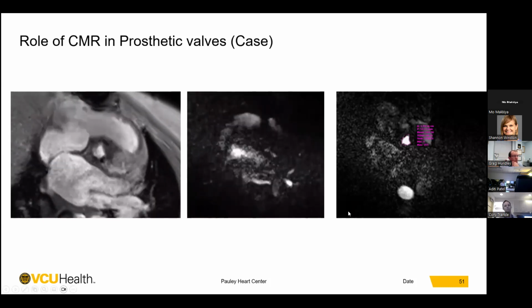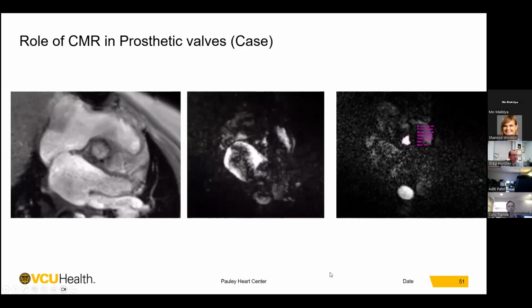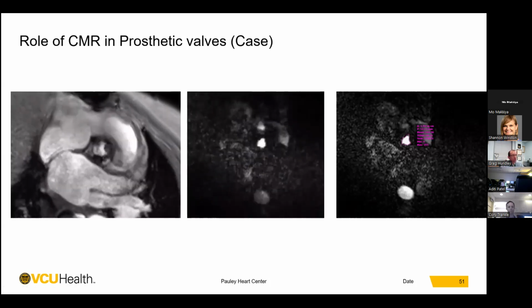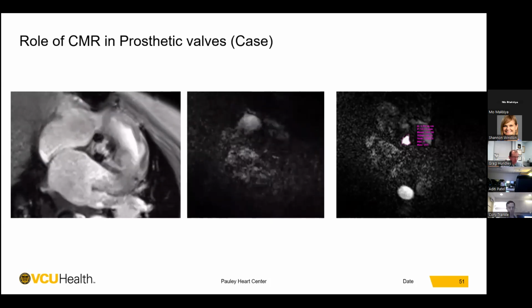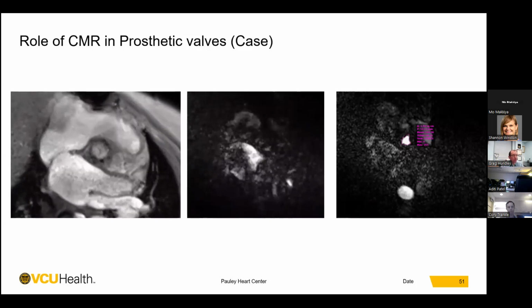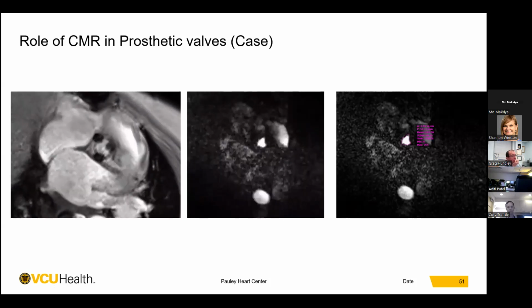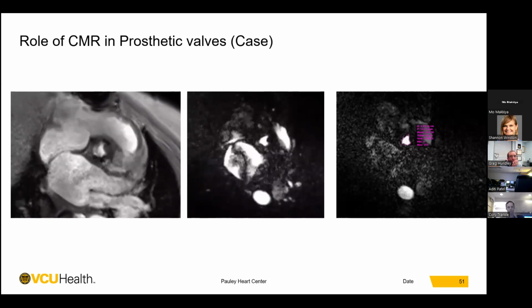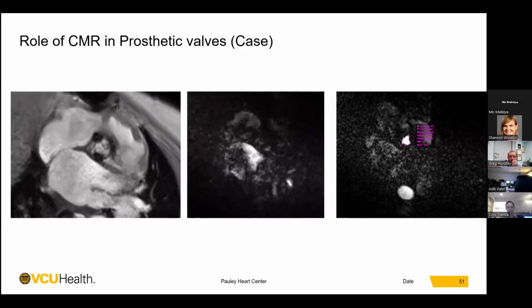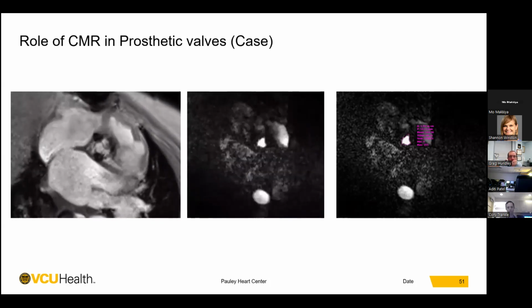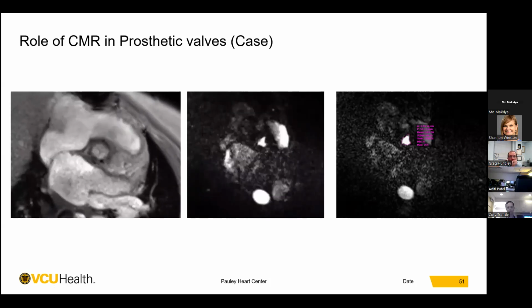Let me play this. So this is a 68-year-old female with a remote history of aortic and mitral valve replacement due to rheumatic heart disease, who comes with shortness of breath. Echo was done, which showed moderate to severe aortic prosthesis stenosis and moderate to severe mitral prosthesis regurgitation. The quality was very suboptimal, and LV function was poorly visualized.